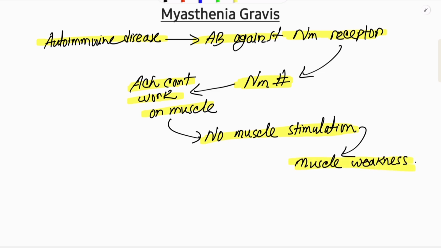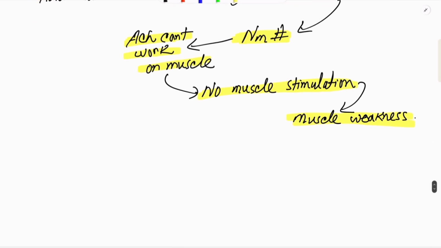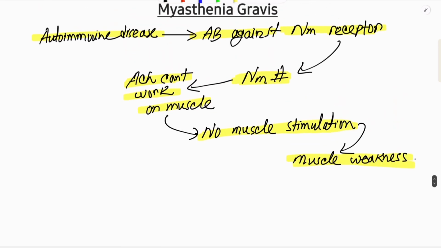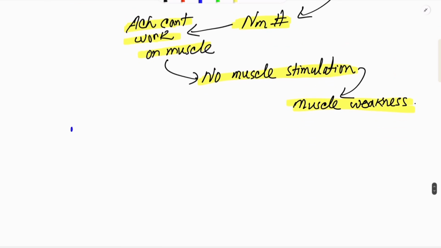We need to discuss in short about another disease which also leads to muscle weakness and is closely related to myasthenia gravis, that is cholinergic crisis. In cholinergic crisis, what happens? There is too much concentration of acetylcholine in the synaptic cleft.